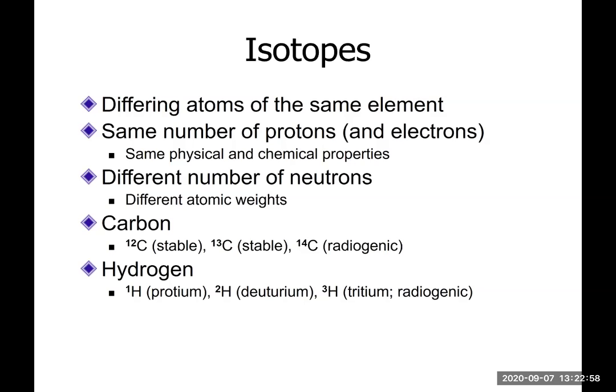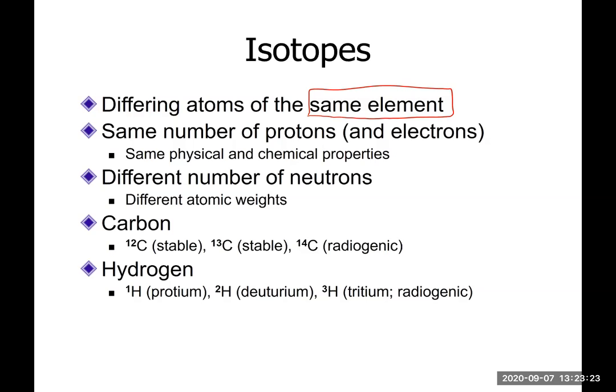Isotopes are differing atoms of the same element. So we're talking about the same element. When I talked about C12, C13, and C14, I was talking about carbon. All isotopes of the same element have the same number of protons and the same number of electrons, and therefore they have the same physical and chemical properties.